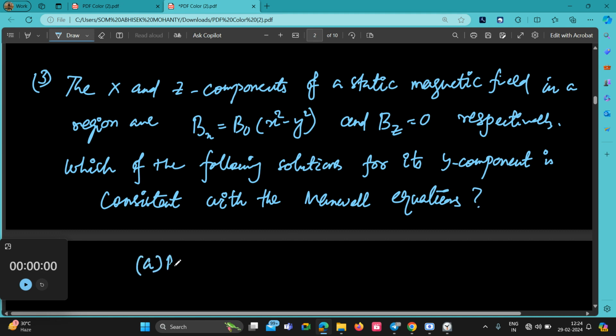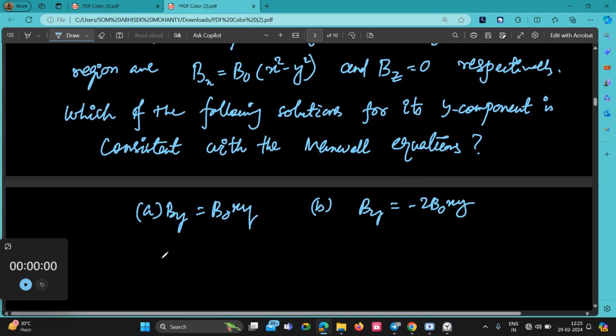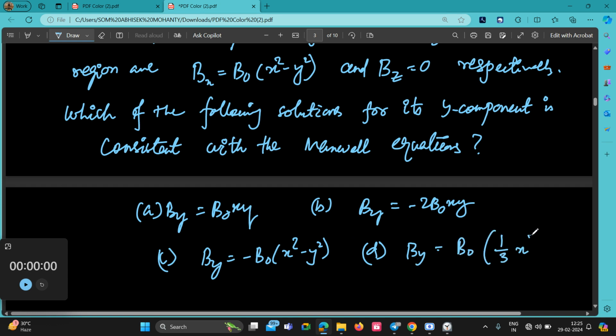Option A, By is equal to B naught xy. Option B, By is equal to minus 2 B naught xy. Option C, By is equal to minus B naught (x square minus y square). Option D, By is equal to B naught (1 by 3 x cube minus xy square). These are the options. Please try this question.